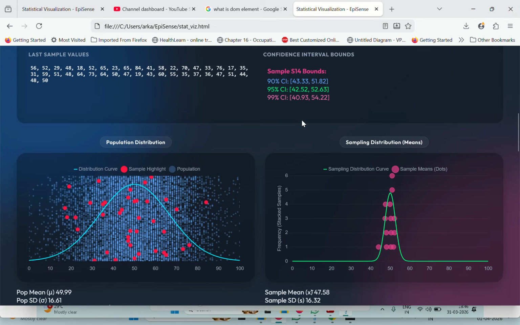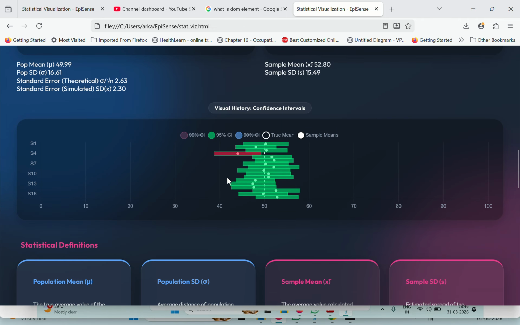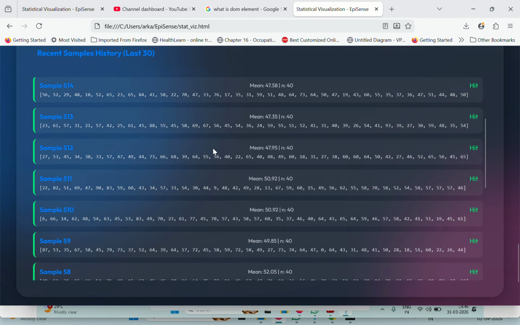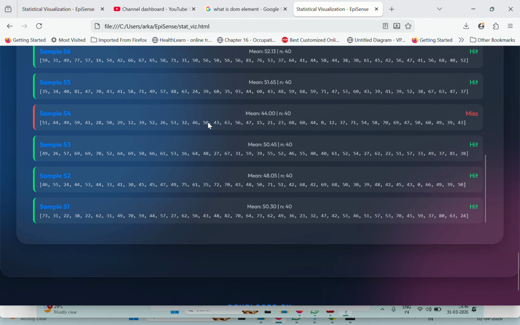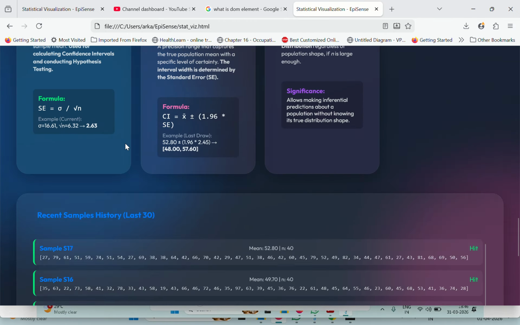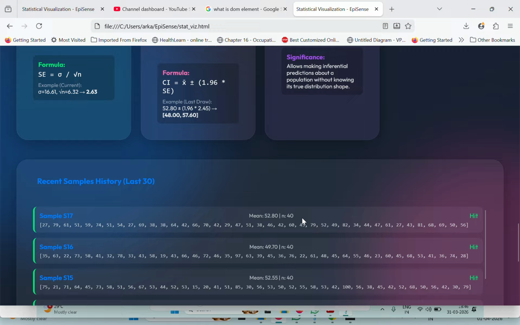Now, based on that understanding, let's draw different samples and their distribution is here. This is the actual drawn sample for the last one. The number of samples I have drawn till now is up to 17, with their sampling mean and their sampling distribution.